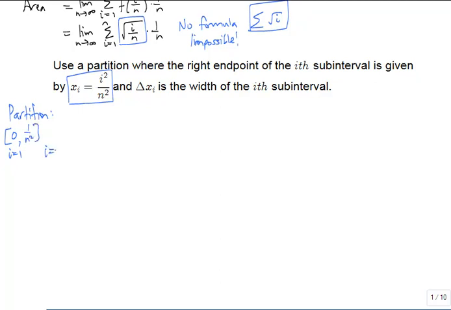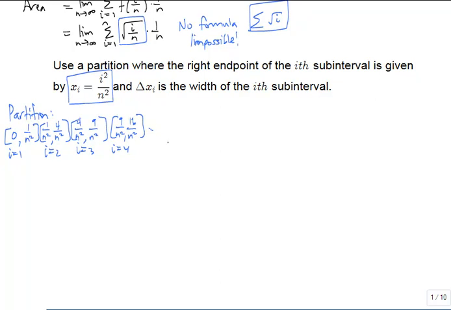If I let i be 2, my second subinterval is going to pick up at 1 over n squared, but now if i is 2, 2 squared becomes 4, so this is going to have a right endpoint of 4 over n squared. If i is 3, then my next subinterval picks up at 4 over n squared, and now 3 squared becomes 9 over n squared. And then if i was 4, then this would start at 9 over n squared and go up to 16 over n squared, and so on.